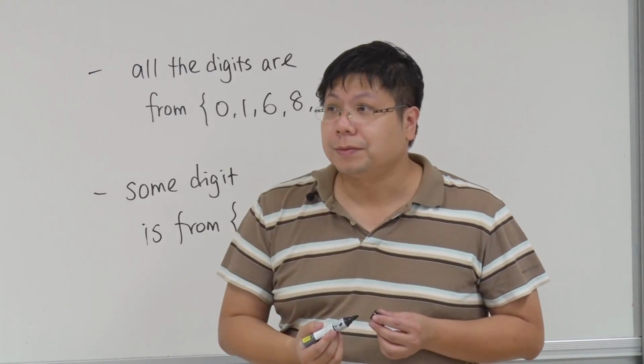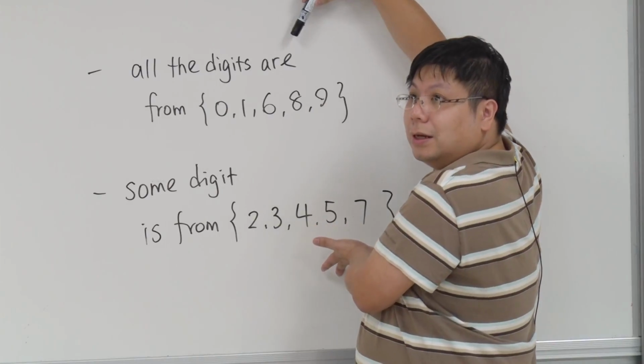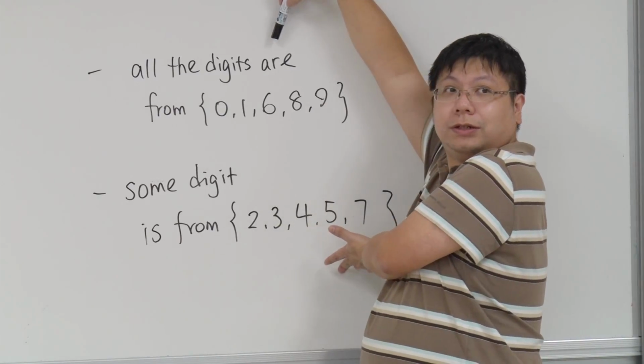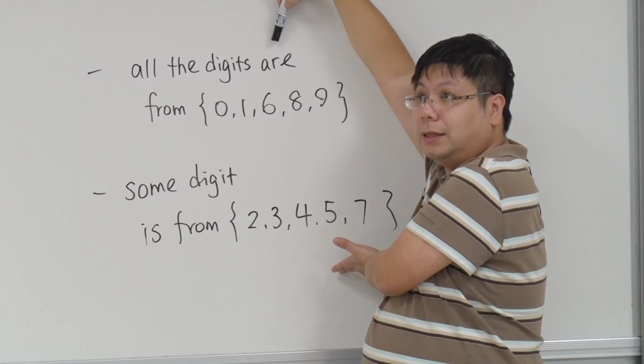Is that okay? So there are actually 2 cases we need to consider. These 2 combined, it gives us all the 10 to the power 5 possible number plates, right?